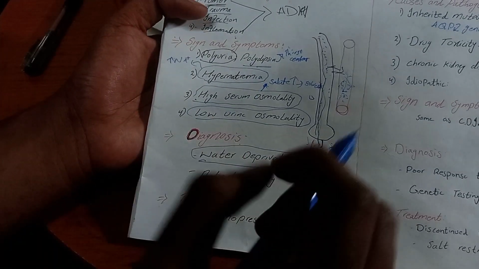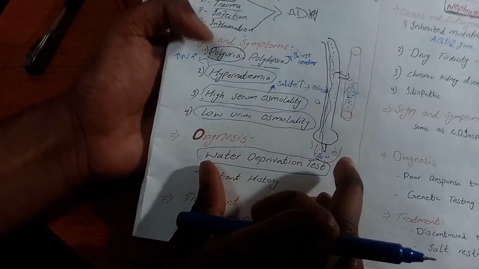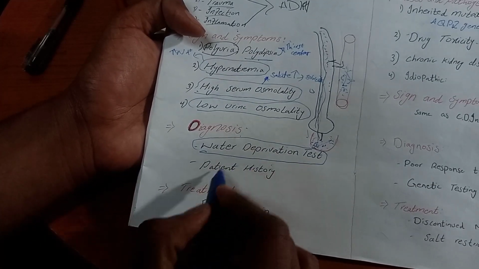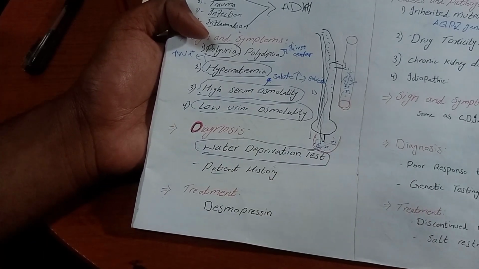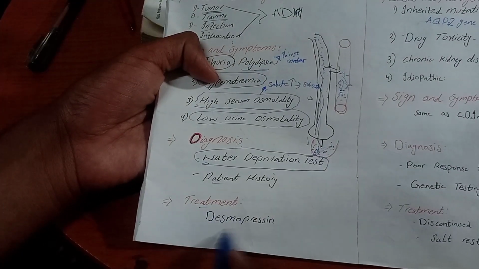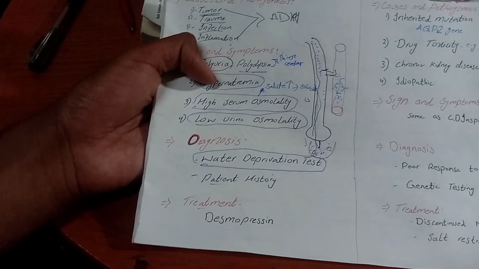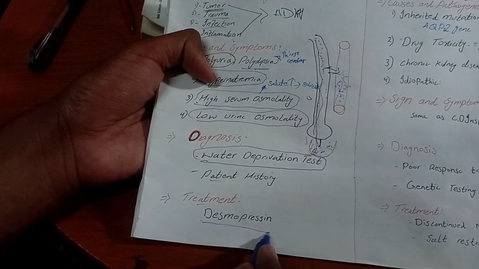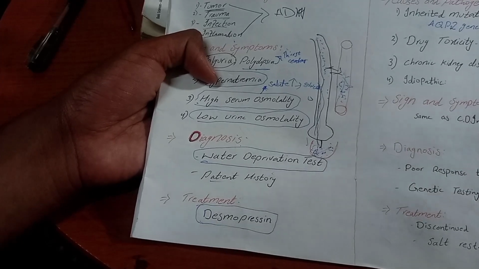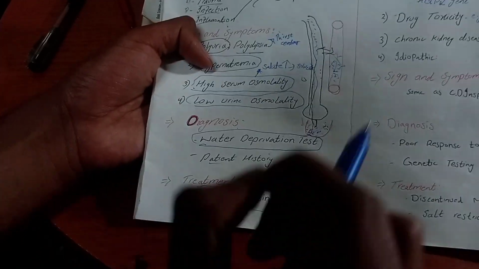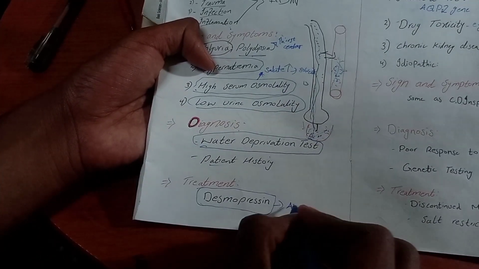This is the best test we can do to check for diabetes insipidus. Second, we can also diagnose by patient history. Then lastly, its treatment. The treatment we can give is a special, very friendly drug called desmopressin. Desmopressin is a drug which is an analog of ADH.